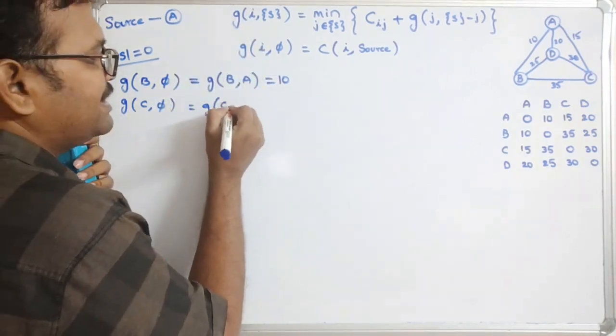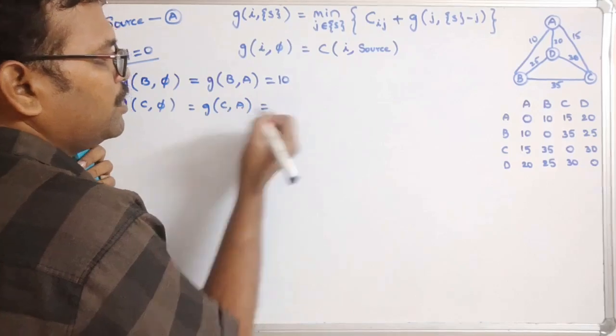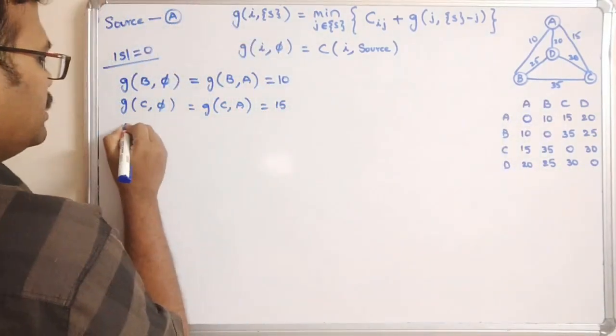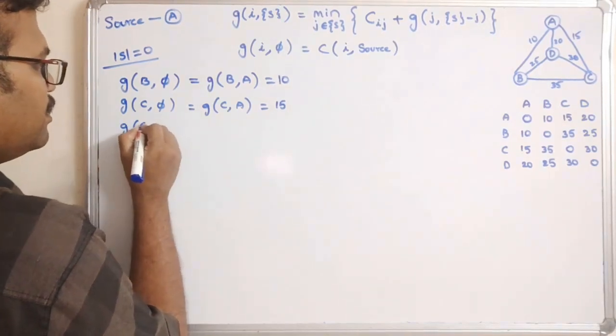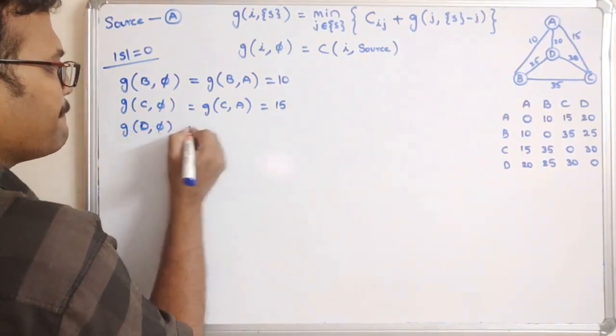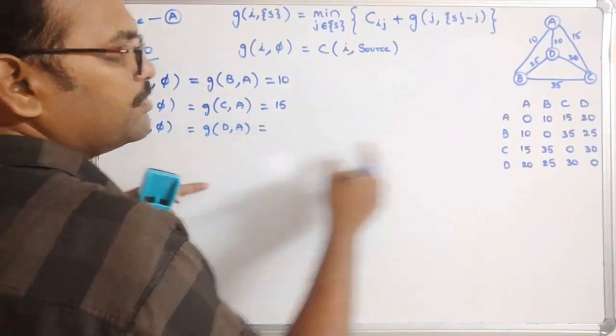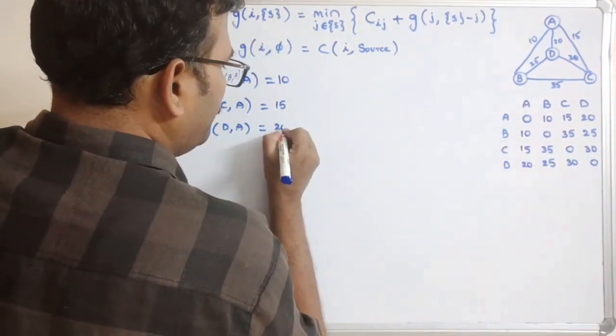So G of C comma source, which is nothing but C to A, it's 15. Similarly, G of D comma phi, G of D comma A, which is D to A, it's 20.